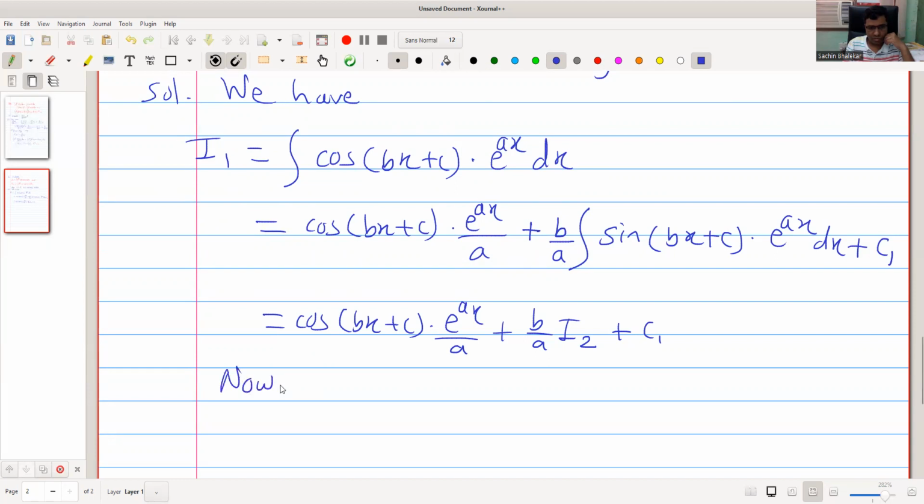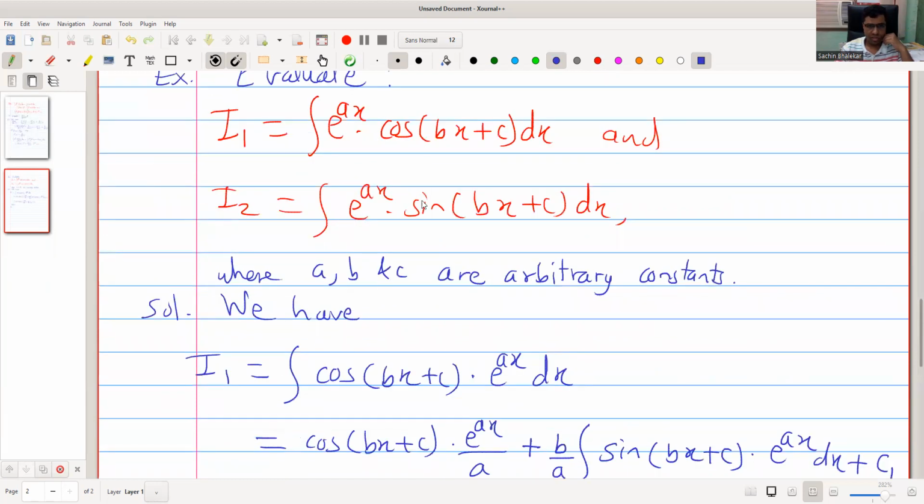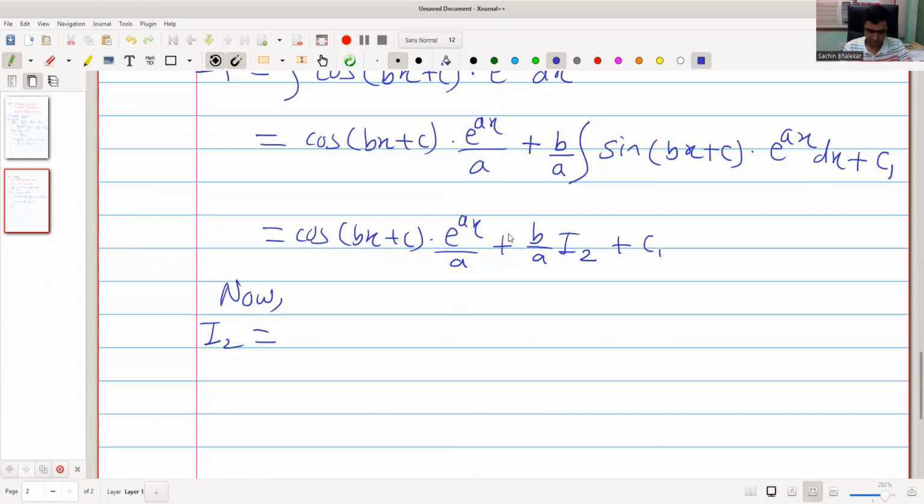Now, I2 equal to this integral again. We take first function as sine function.